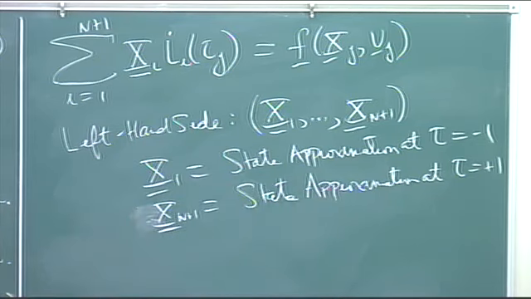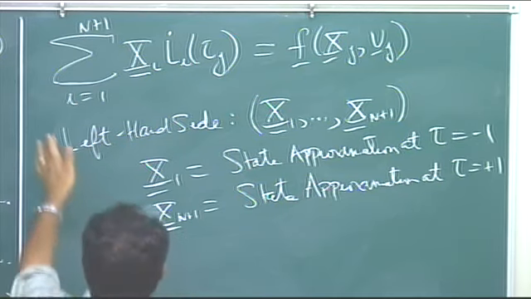So what I have here is I've already accounted for all of the values of the state, including the endpoints. So not just the LGR points, but I've got the LGR points plus the final point. And the final point is at plus 1.